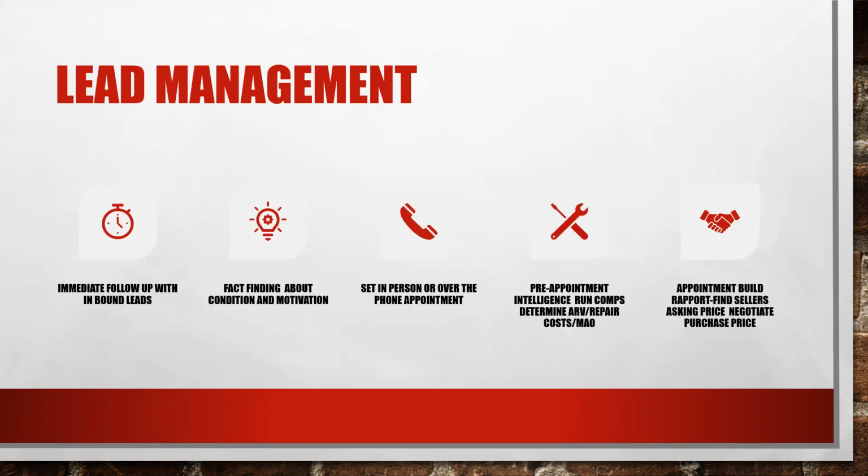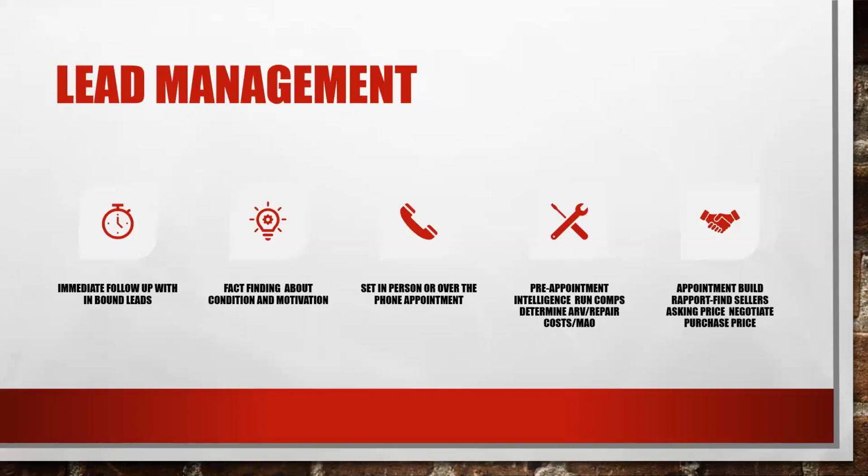This is done by using the 70% rule, which is basically taking the ARV times 70% minus the repair costs minus your wholesale fee that you would like to make on your deal. This isn't set in stone for any particular market, but that is the general rule of 70%.